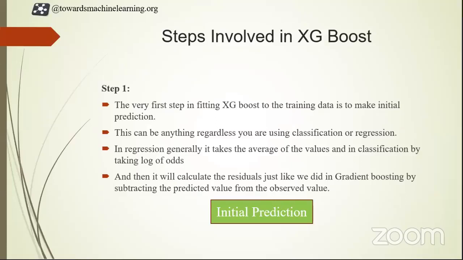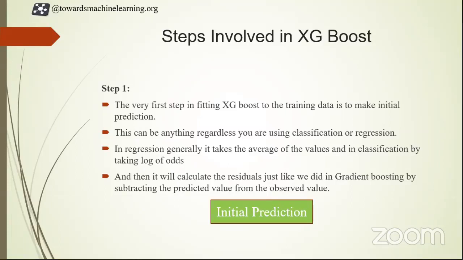Now let's discuss what the steps in XGBoost are. As this is also a gradient boosting algorithm, the initial steps are the same as the gradient boosting algorithm. At the first step, we make the initial prediction, which is our first guess, the initial leaf. This can be anything depending on whether you are using classification or regression.